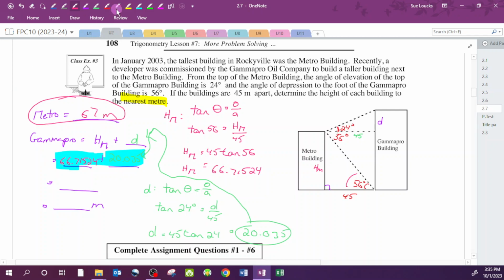Do not round yet. It's a little bit more involved this time because you've got more than one number that you need to keep, so you can't just use the one that was in the calculator. You do need to write down some more digits. Anyway, if I add those together, I get 86.75, which I'm then going to round to 87 meters, and there's my second answer.